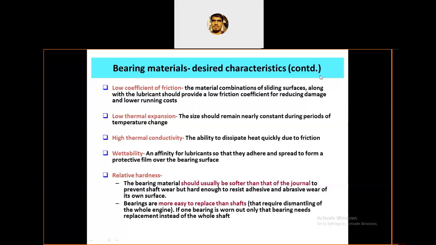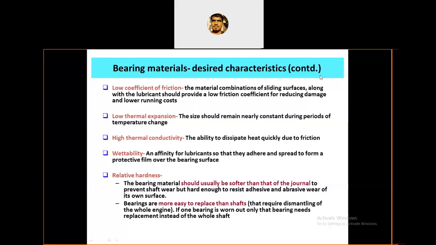Clear? So next property is a low thermal expansion. Whether the thermal expansion should be high or low? Thermal expansion means, I think you studied in the mechanics of materials, with a change in temperature, it will change the property of the material so that it may deform. By increasing temperature, it may deform in the x direction, y direction or z direction. Correct?